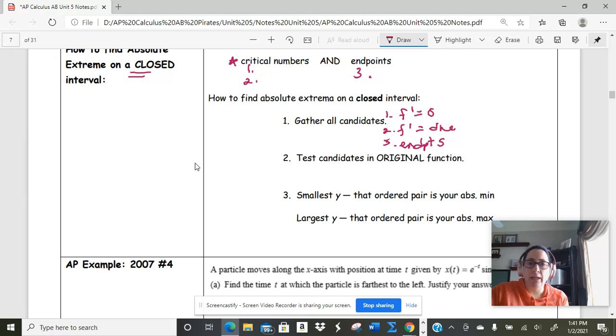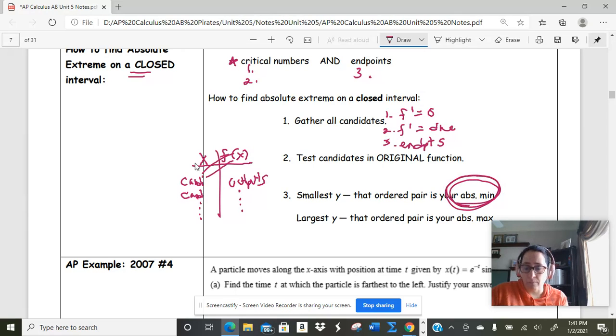So I've got to go get all my candidates, and then I'm going to put them all here, and I go plug them into the original function, and I get some outputs. The smallest output is the absolute min. The largest output is the absolute max. So nothing too crazy. It's kind of nice and convenient of what we're doing. Okay?